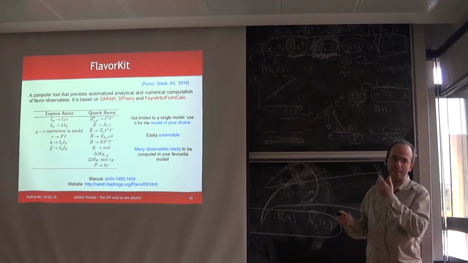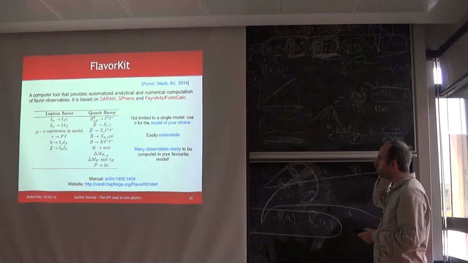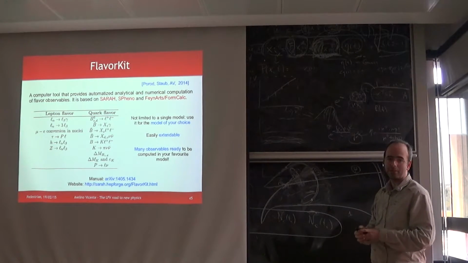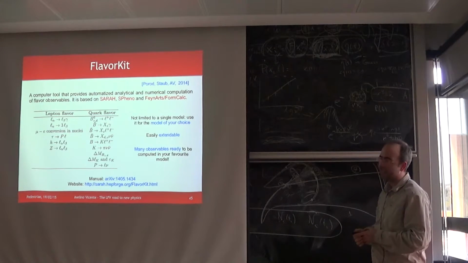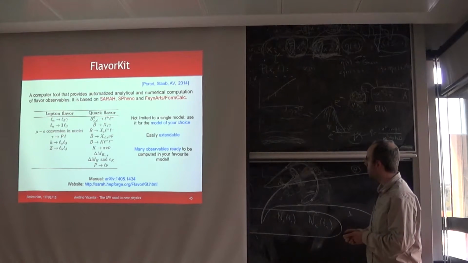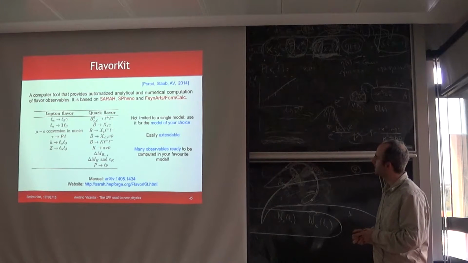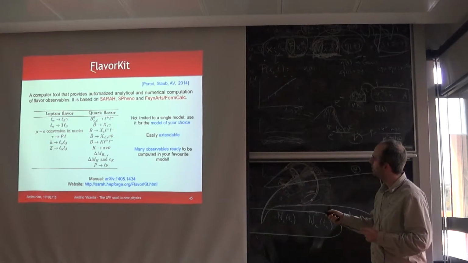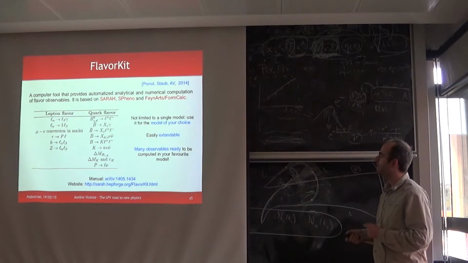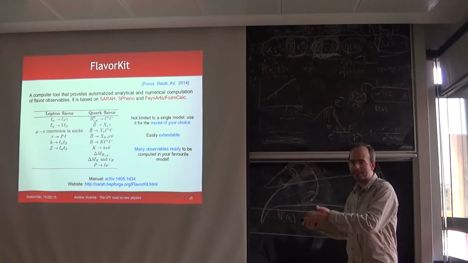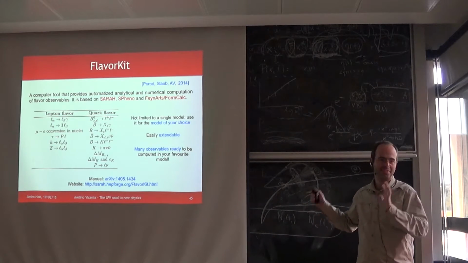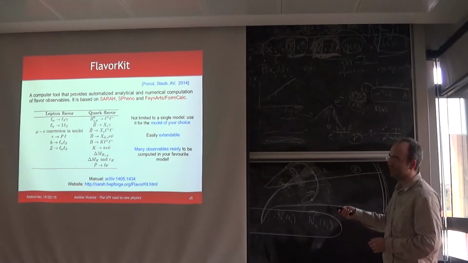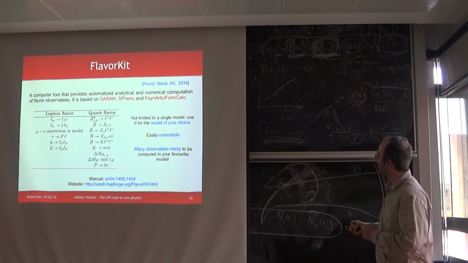We did it because we developed a code to make that computation, because otherwise you have too many diagrams to compute, and by hand this takes a long time. We were several people, but not enough to do this. So, this is just to mention that if you're interested, we developed a code called FlavorKit that does this calculation for you automatically, so you don't need to do anything by hand. So this is nice. This is for lazy people, like me.